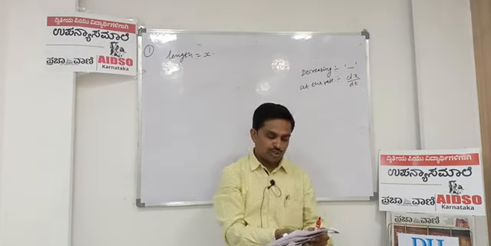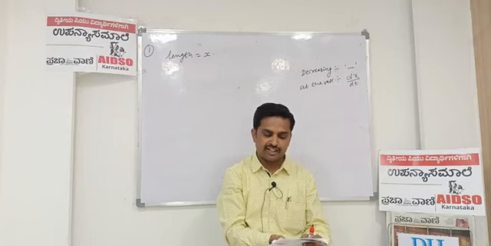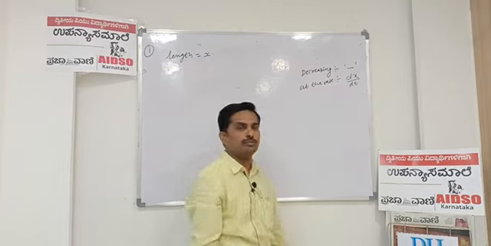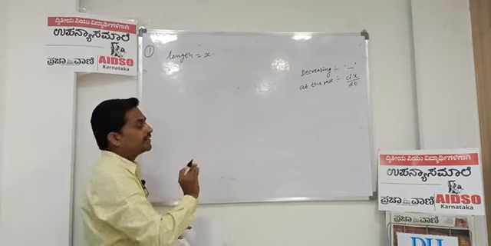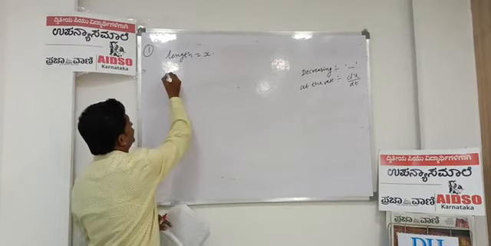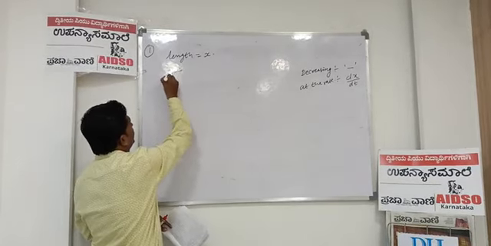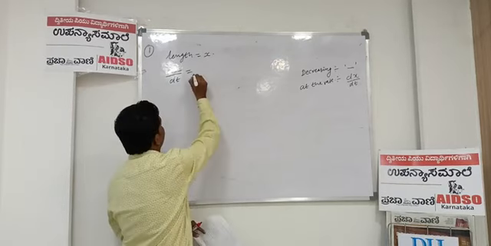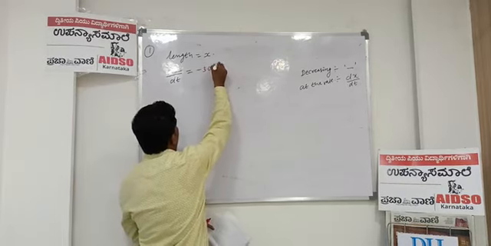Let me repeat the question: the length x of a rectangle is decreasing at the rate of 3 centimeter per minute. Therefore the first data we can write is dx divided by dt is equal to minus 3 centimeter per minute.